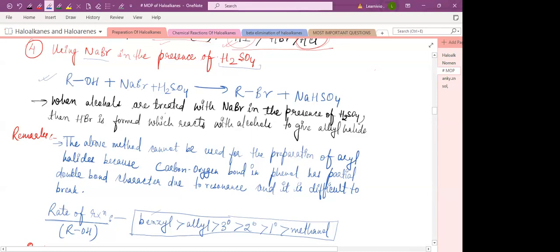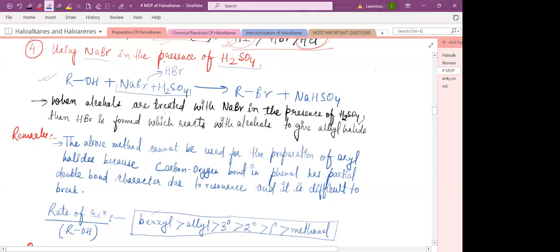Basically, when alcohols are treated with sodium bromide in the presence of sulfuric acid, HBr is formed, which reacts with alcohol to give alkyl halide. From this combination, NaBr and H2SO4, HBr is formed.